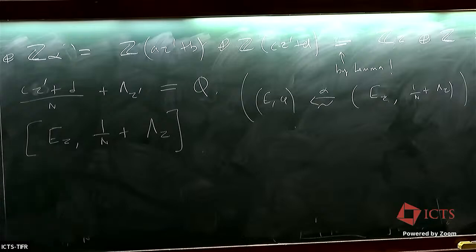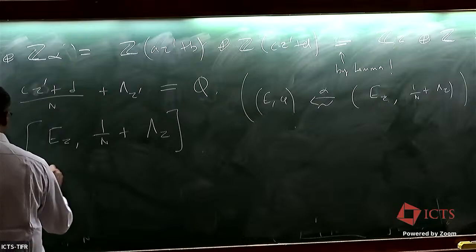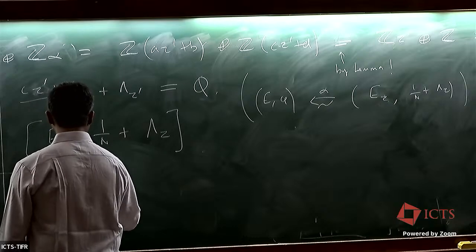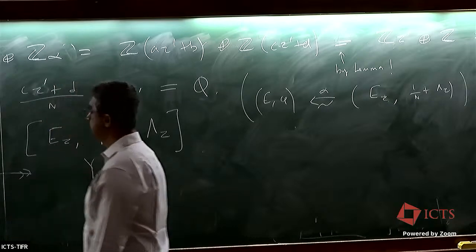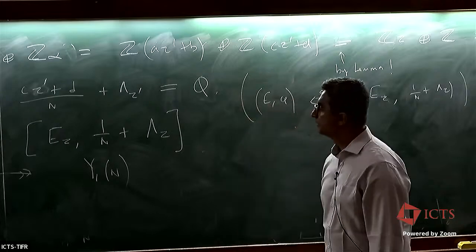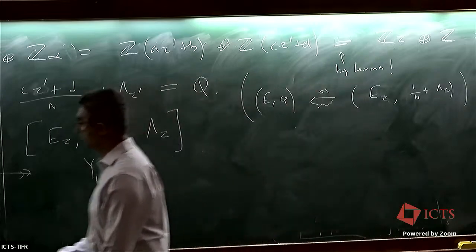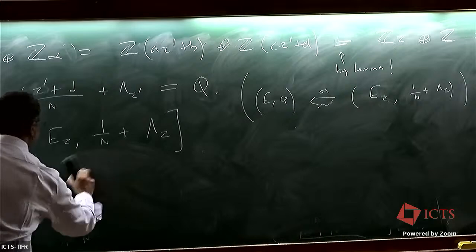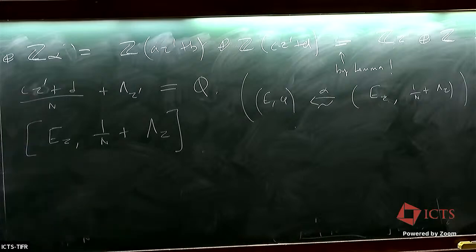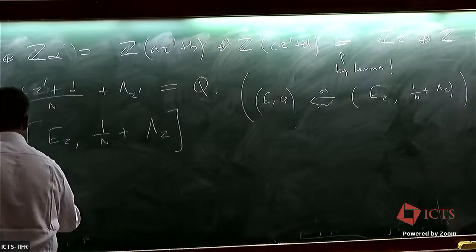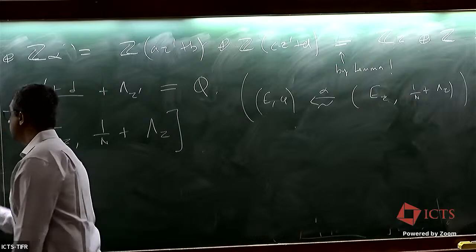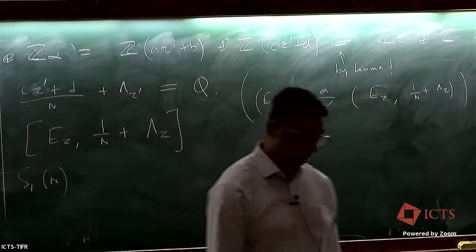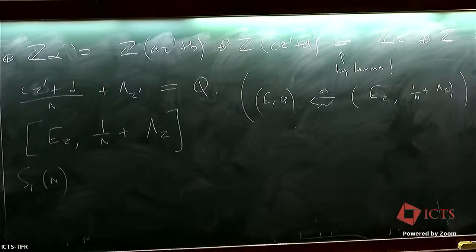The moral of the story so far is that we have a map from the upper half plane to S1n, surjectively onto Y1n. Projection. Given any EQ, you can always write it using taus.